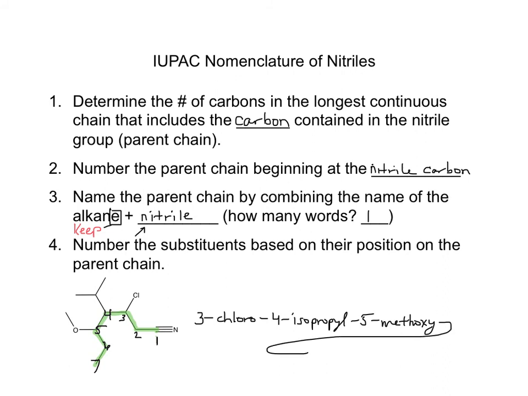The next thing, 7 carbons, is heptane. And we're going to keep the E at the end. And then we're going to sandwich right up against it nitrile. So 3-chloro-4-isopropyl-5-methoxy heptane nitrile. And note that we did keep that E right there.